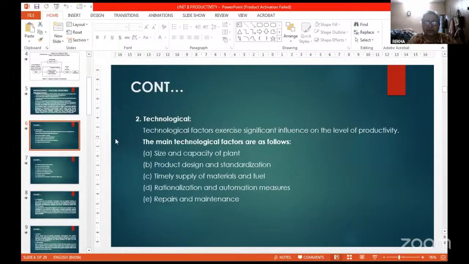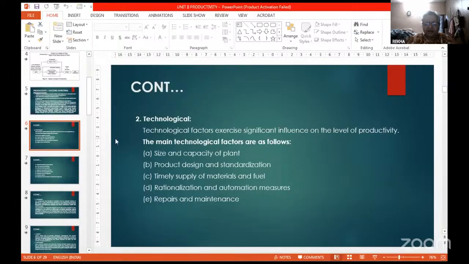Rationalization and automation measures: it is just not feasible to do things manually now. You have to use automation and computerization, then only you will be able to survive in this competitive world. Repairs and maintenance, because you are using machines, is very essential.